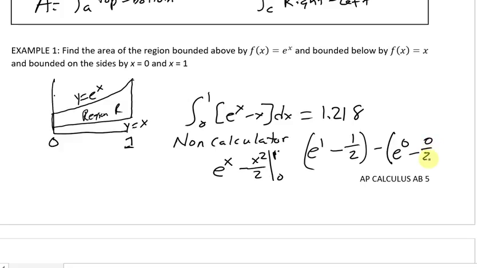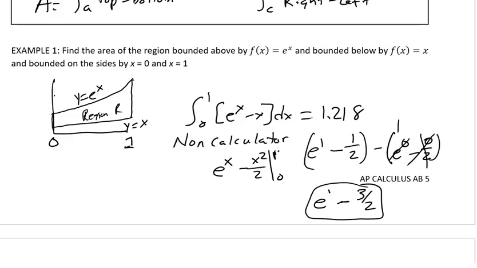E to the 0 is just 1, so what I have is e to the first, or just e, minus 1/2, or minus 3/2. Non-calculator, you would leave your answer like that. You wouldn't try to put in 2.718 or anything like that. You would leave e in your answer, and that's okay.